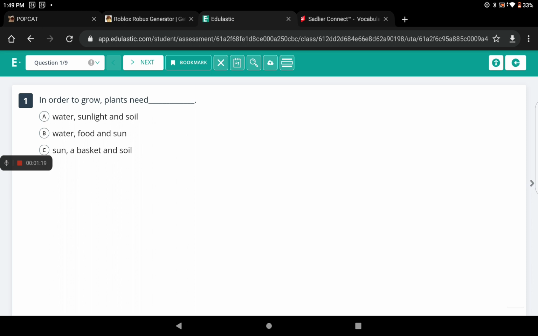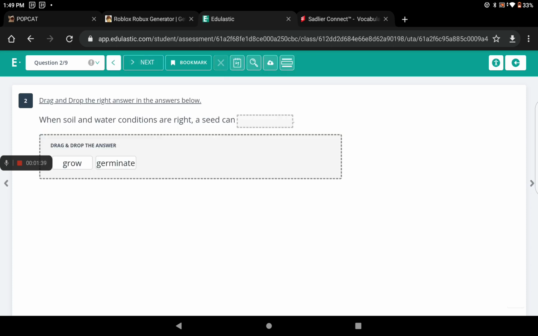In order to grow, plants need A, water, sunlight and soil. B, water, food and sun. Or C, sun, a bath and soil. Number 1, please don't just follow the screen. Choose your answer.